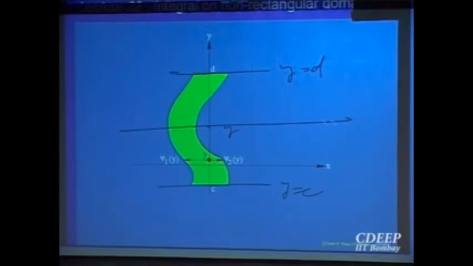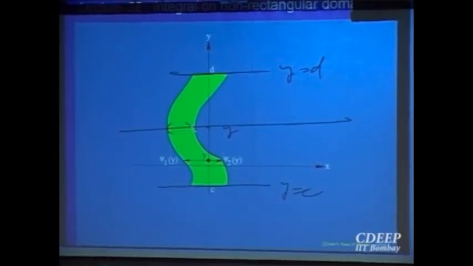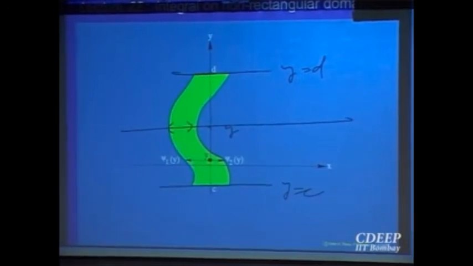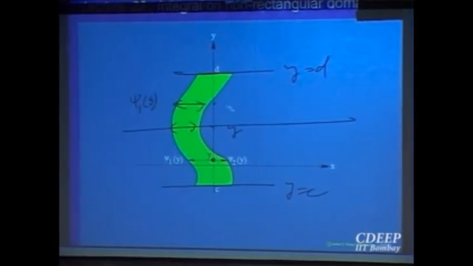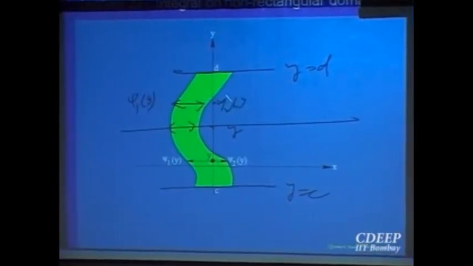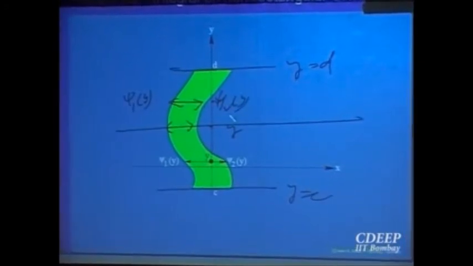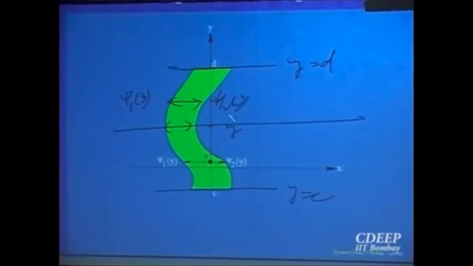And look at that line, and that line goes from here to here. And this function is psi 1 of y and psi 2 of y. So for any point y in between, it goes from here to here, which is psi 1 of y to psi 2 of y, right? So this is what is called an elementary domain of type 2.